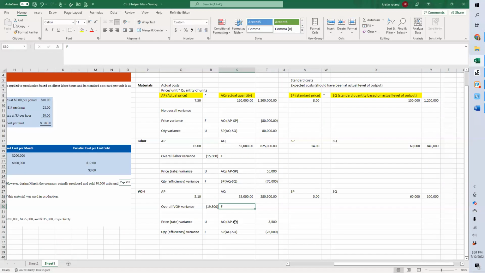If we follow the same formula, we can tell right away again that we allocated overhead at the rate of 5.10. We expected to allocate it at the rate of 5, and so that's unfavorable. And then because overhead is allocated based on direct labor hours, we know that we spent fewer direct labor hours than we anticipated, and so this variance is favorable.